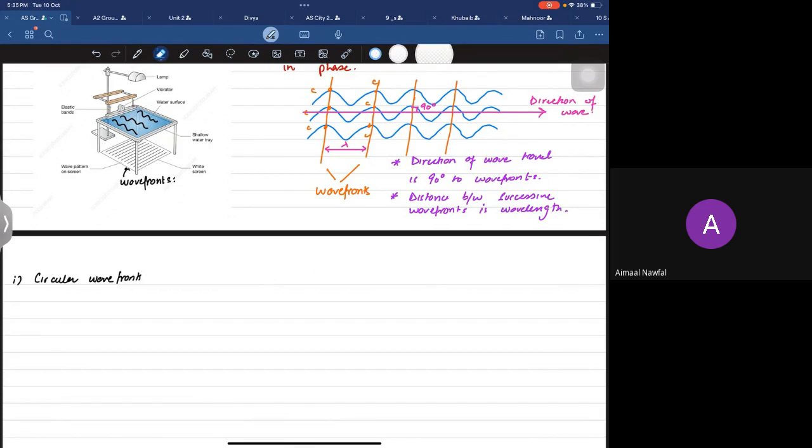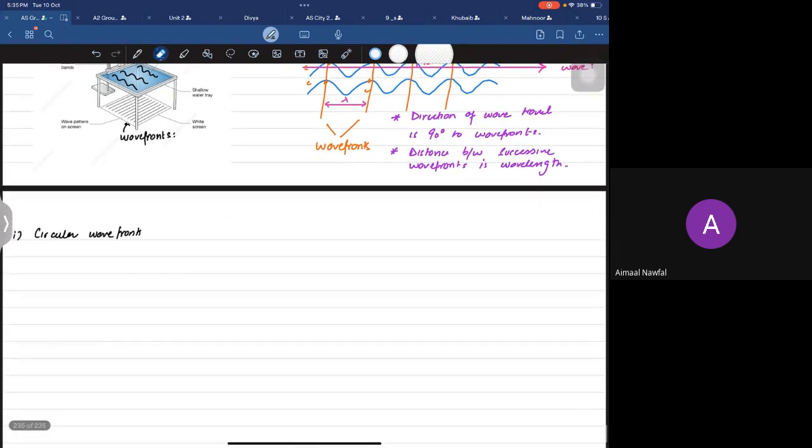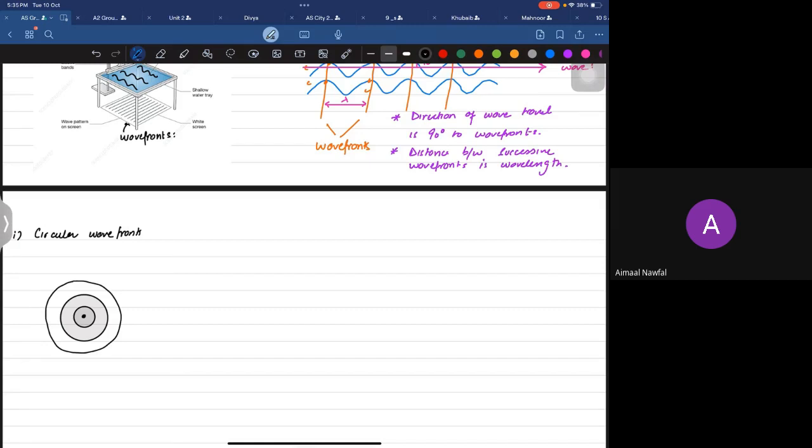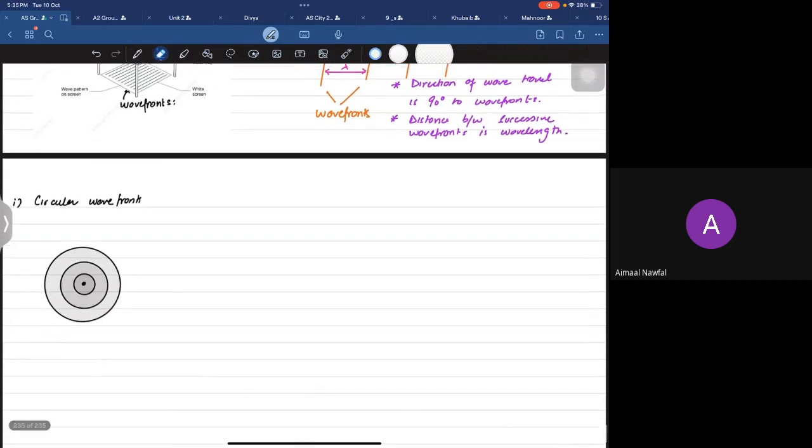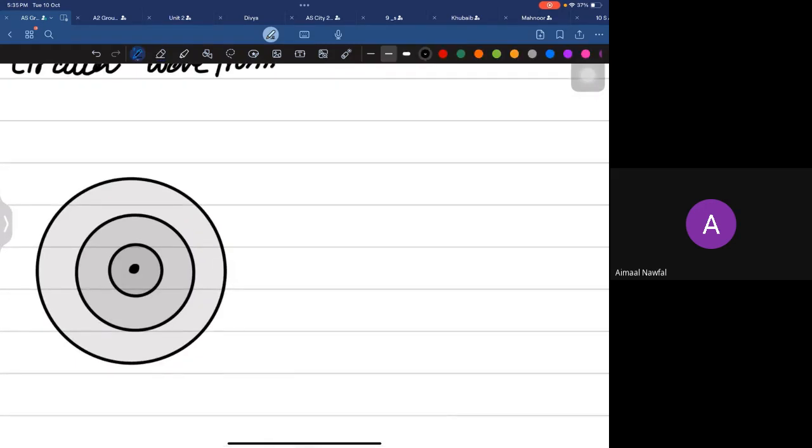No worries. Circular wavefronts: if a wave originates from one single point, then waves go in all directions, like these. It's a behavior like this.